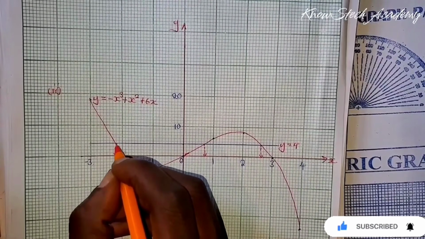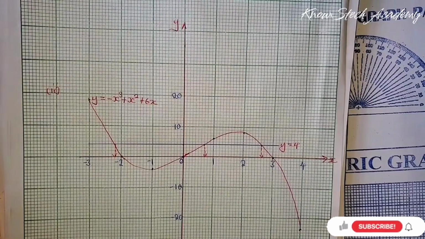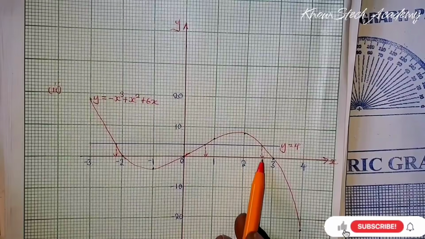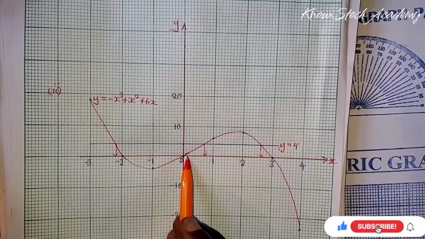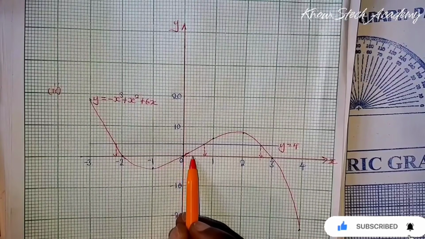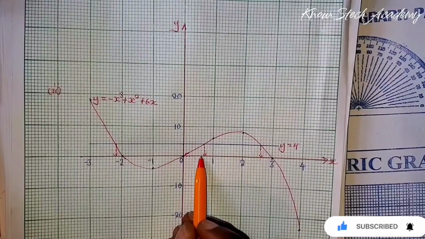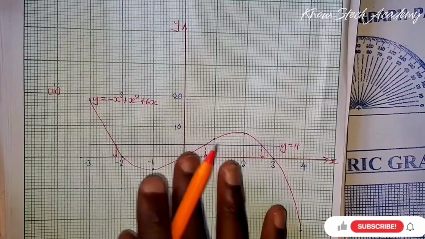If you can see this line here, those are the answers. So you have 1 here. The value of each box, remember, is 0.1 on the x-axis. So 0.1, 0.2, 0.3, 0.4, 0.5, 0.6, 0.7. So one of the solutions is 0.7.